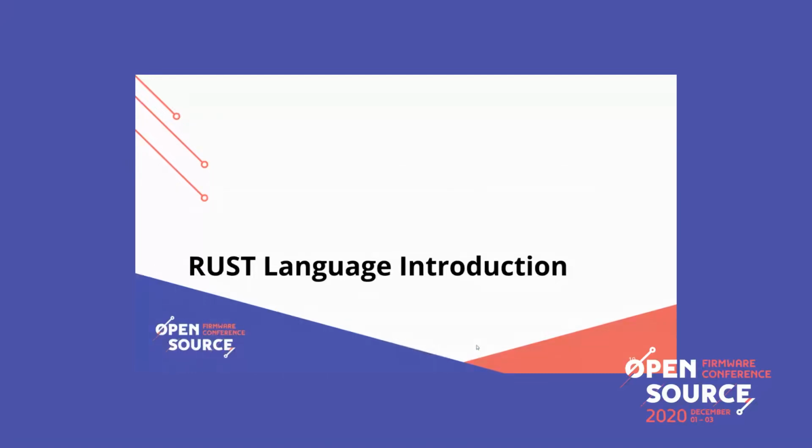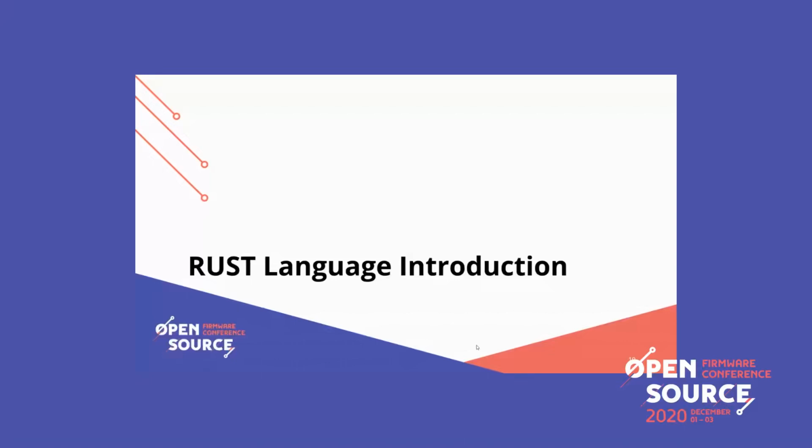Rust is a new system programming language. It was designed by Mozilla's Graydon Hoare. It was released in 2014. The most attractive attribute of Rust is reliability. It has a rich type system and an ownership model that can guarantee memory safety and thread safety.